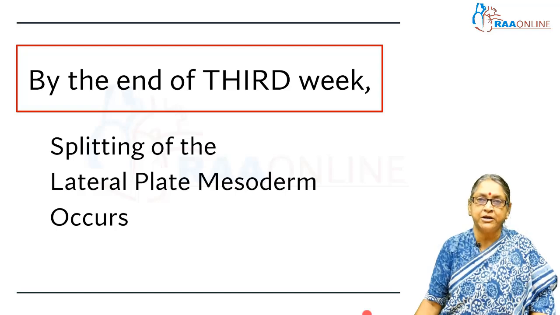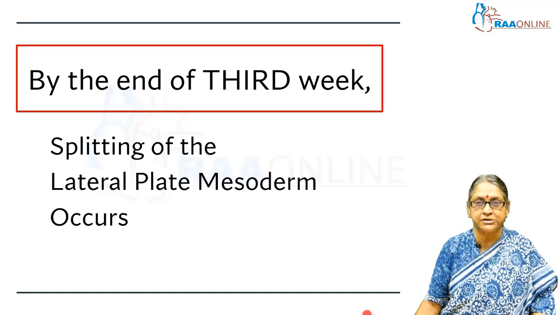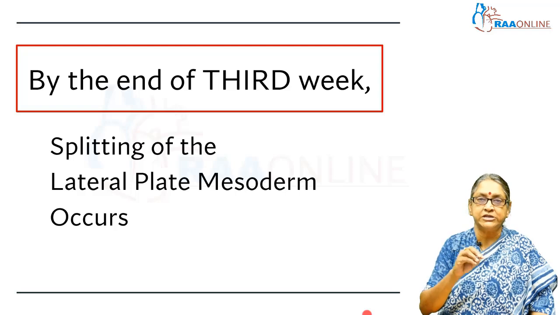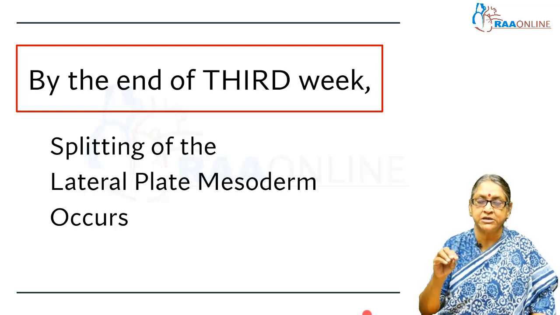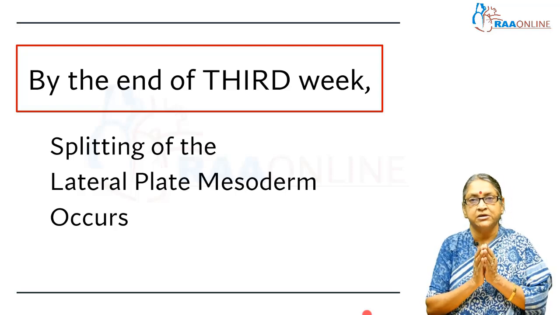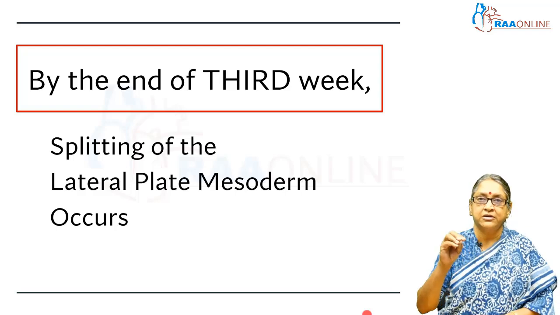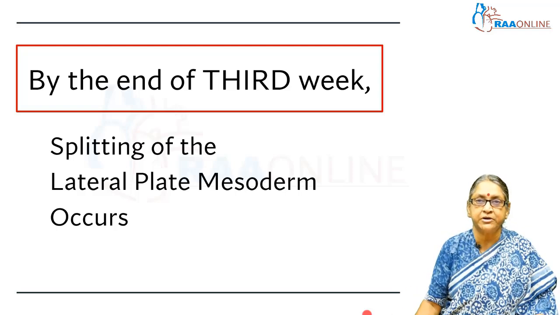The lateral plate mesoderm splits. The process of splitting we already know. Cavities appear in the lateral plate mesoderm. To start with, it is more or less a solid structure, and here and there cavities appear, and these cavities coalesce.